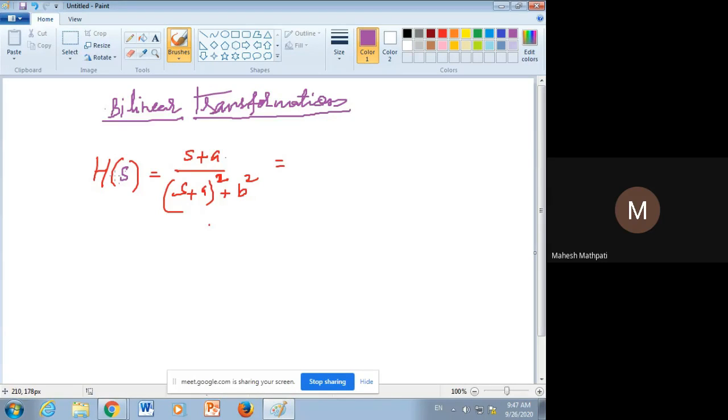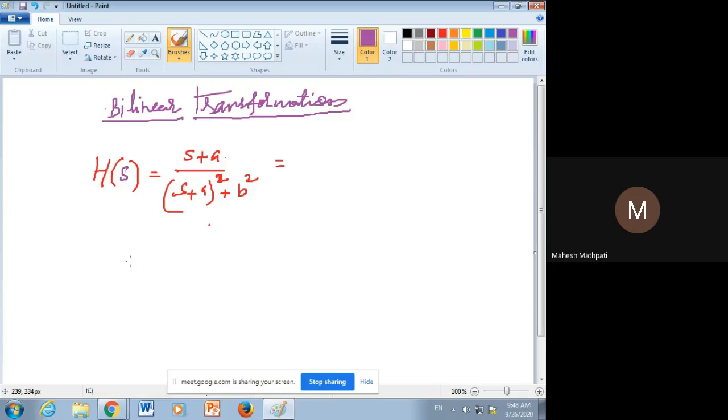This is h of s. Now, suppose if the given transfer function is of this form, then how are we converting it in bilinear transformation? What is the method we are using here? Can anyone tell me?